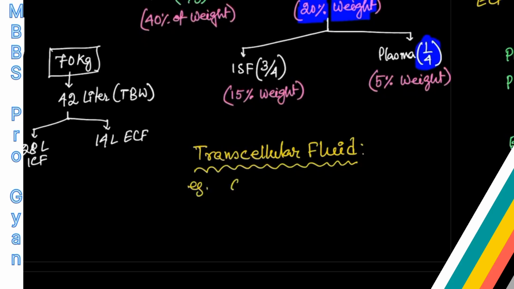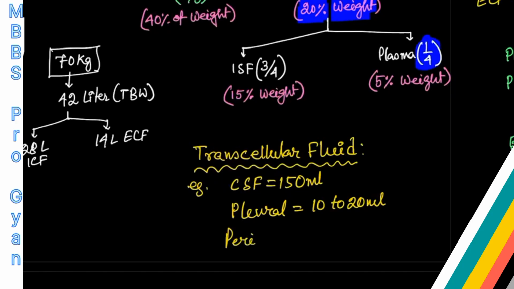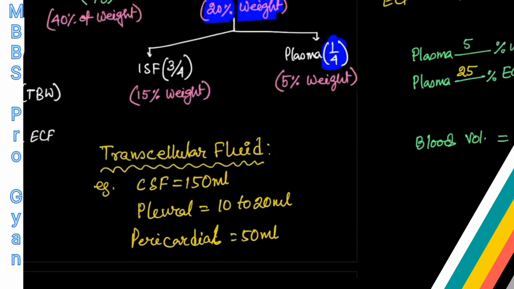Examples of transcellular fluid are cerebrospinal fluid, which has a volume of approximately 150 ml. In between the two pleura, visceral pleura and parietal pleura, there is intrapleural fluid, with a volume of approximately 10 to 20 ml, which has already been asked in MCQ. The pericardial fluid has a volume of approximately 50 ml.